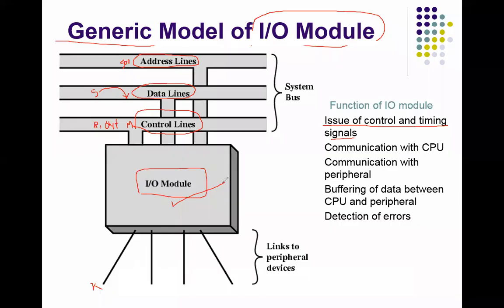IO module function: this IO module issues control and timing signals. Control signals are required: if you want to read the data, obviously you have to set the pin so that you can read the data from the respective devices. And timing signals are also required. By the timing signal, you can easily understand it even from your keyboard.